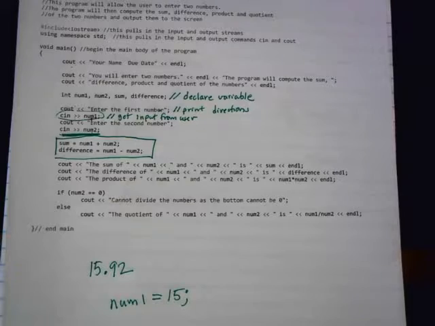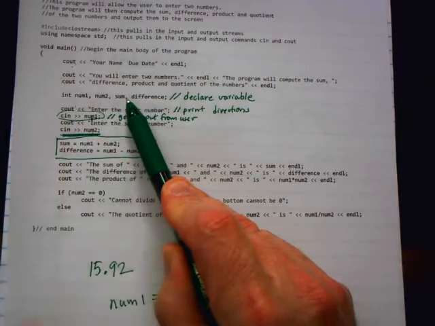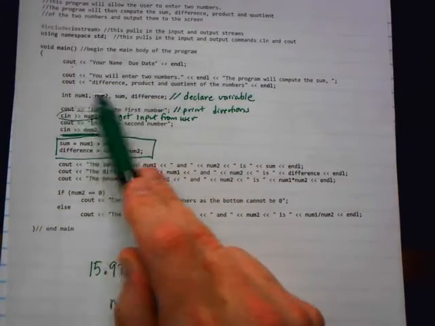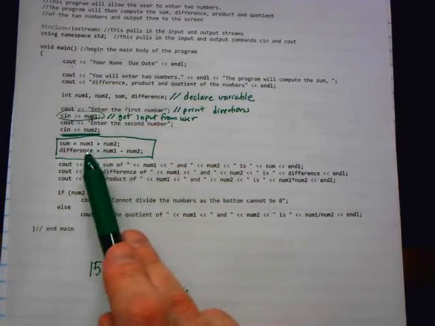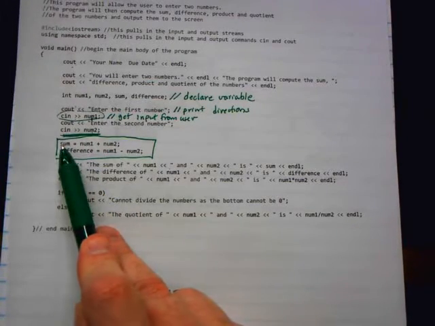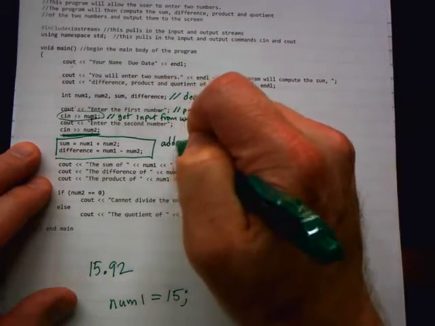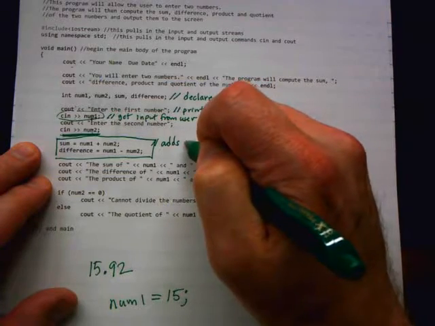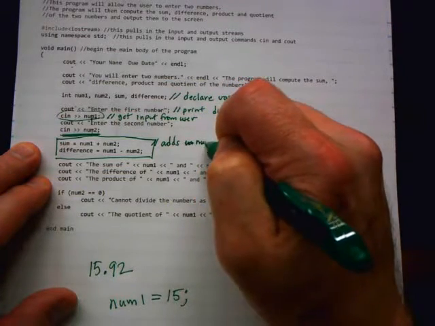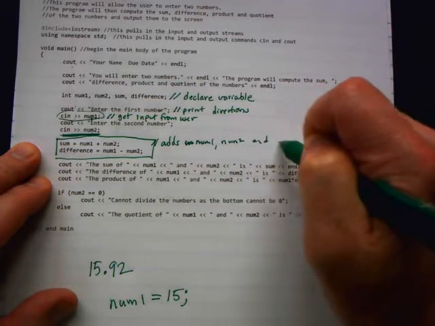It doesn't actually create the variable. The variable sum was actually created back up here. What this does is it takes num1 and num2, adds them together, and stores it into sum. So this does two things. Adds num1, num2, and stores into sum.